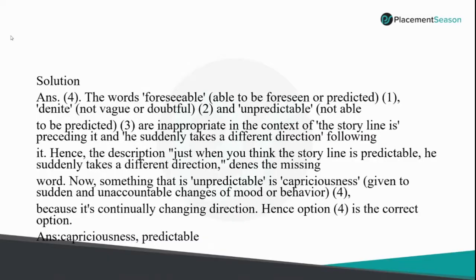Denied is doubtful. And so, options 2 and 3 are inappropriate. They change the meaning. Option 1 is denied, which again does not make sense. So, what is the most possible one?